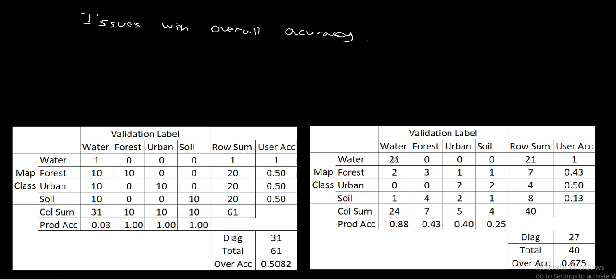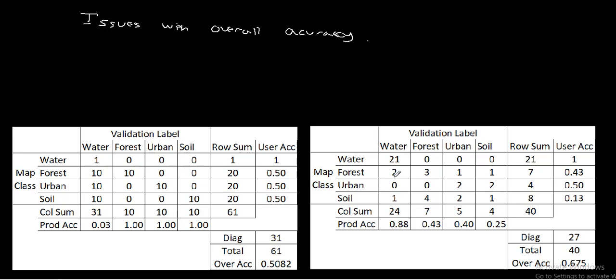And it did really well: producer's accuracy of 88%, user's accuracy of 100. Because water did well and our validation data had so much water, our overall accuracy, although still not great, is much higher than it probably should have been.